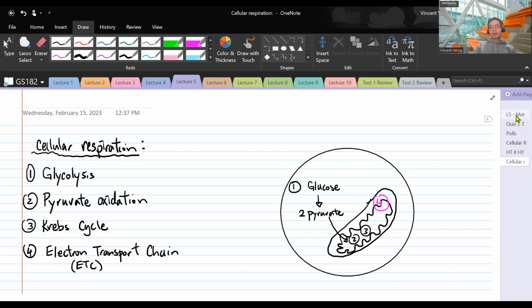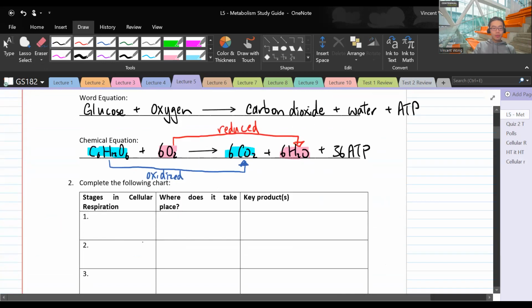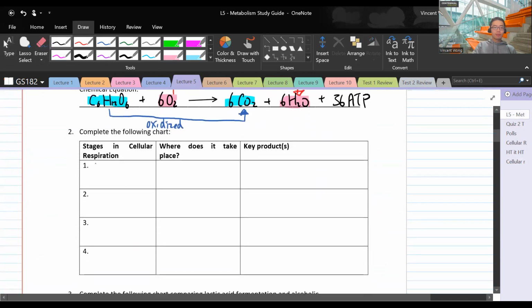So let's go back to our study guide here. Just write down the steps first. So again, first step is glycolysis. Glyco means sugar. Lysis is to break. And that happens in the cytoplasm.